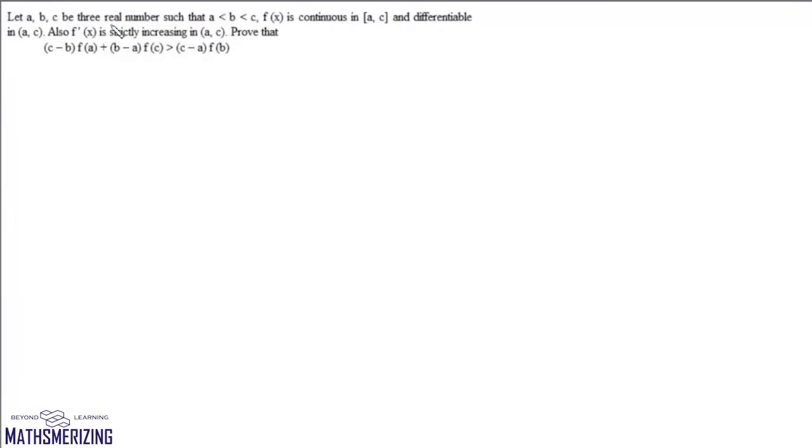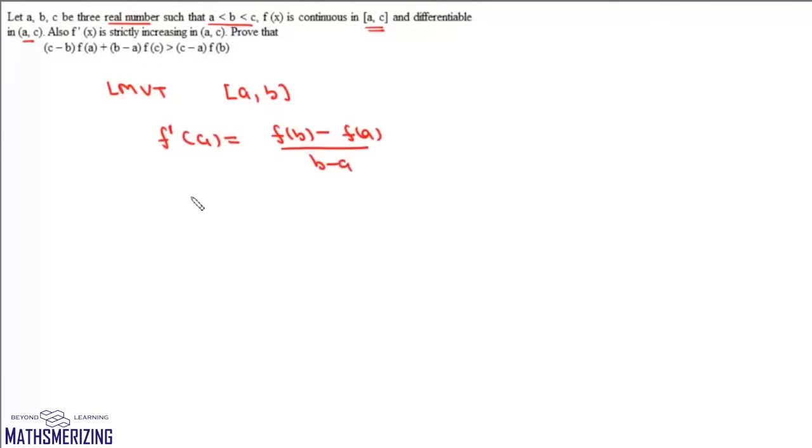Now here the question is, let a, b, c be three real numbers such that a is less than b, which is less than c, and f(x) is continuous in [a, b] and differentiable in (a, c). Also f dash x is strictly increasing in (a, c). Then we need to prove this result. Now if we use Lagrange's mean value theorem for this function in the interval a to b, we'll get some c1 such that f dash c1 equals (fb minus fa) upon (b minus a), where c1 lies between a and b.